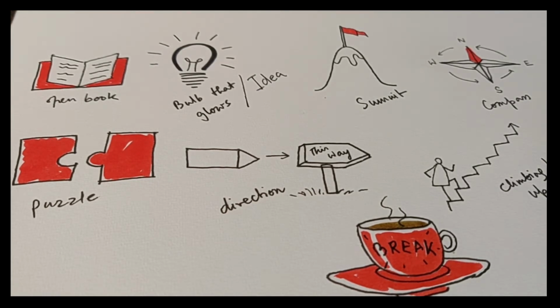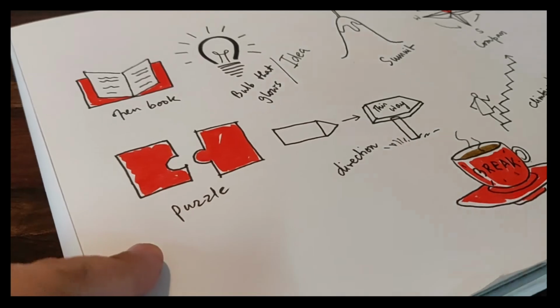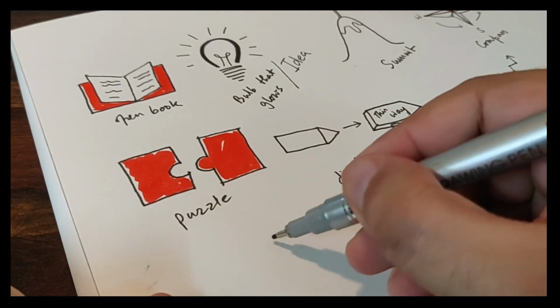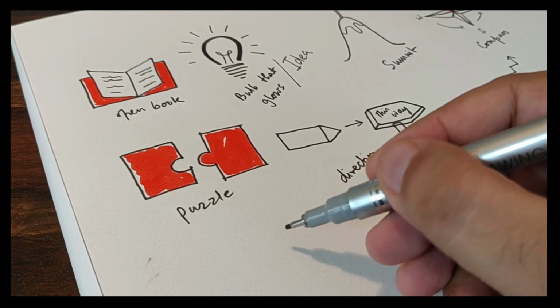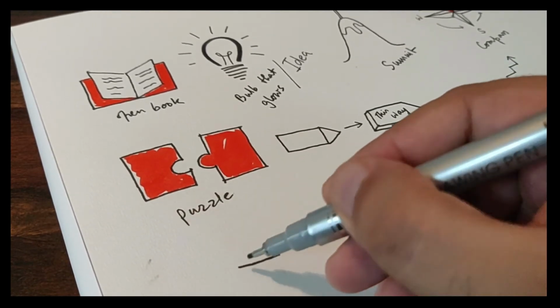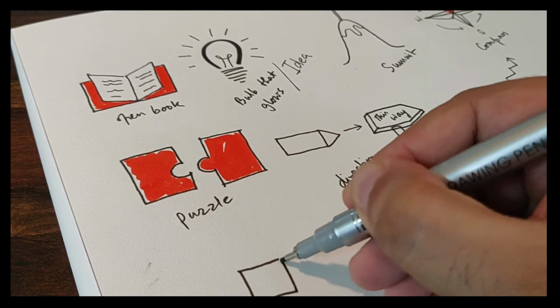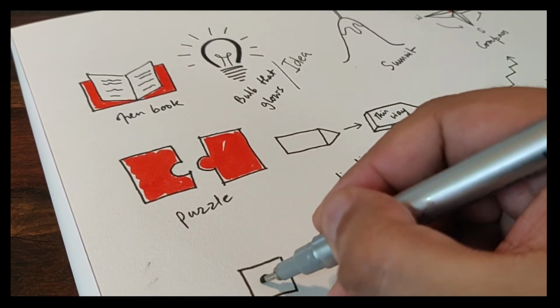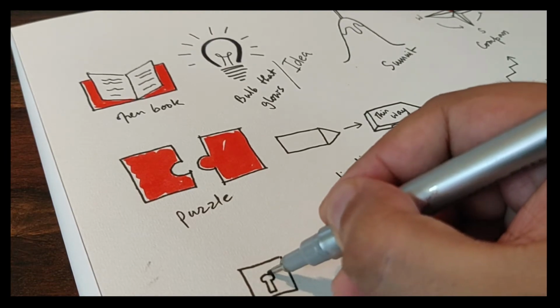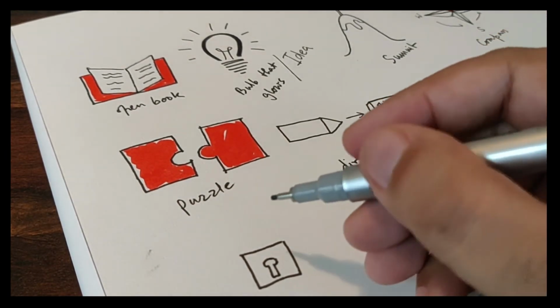Let's now try how to create a lock and a key. It's very simple. We create a rectangle as usual. We create the lock or the keyhole.